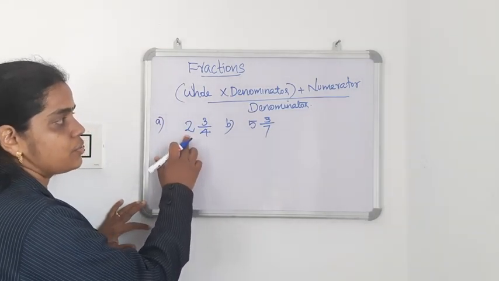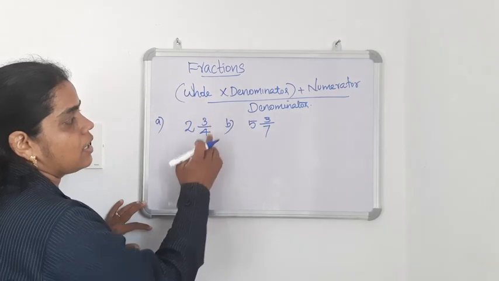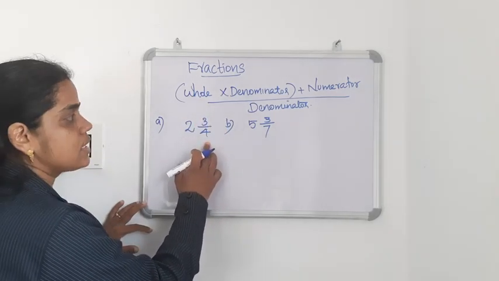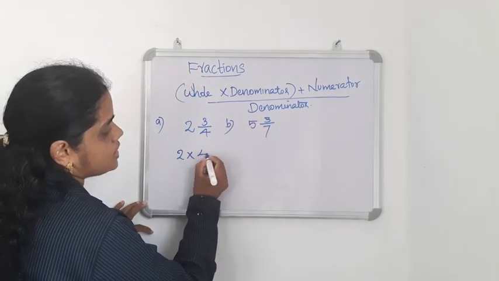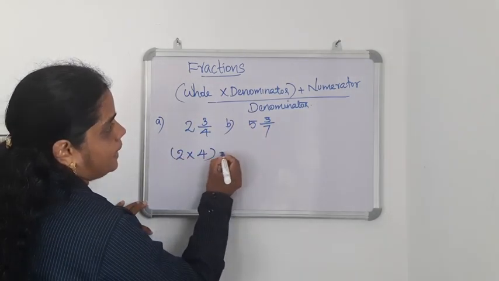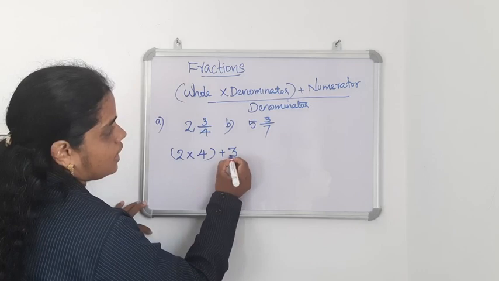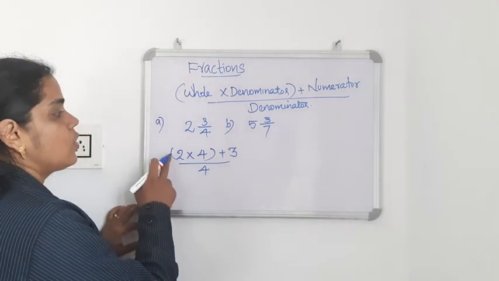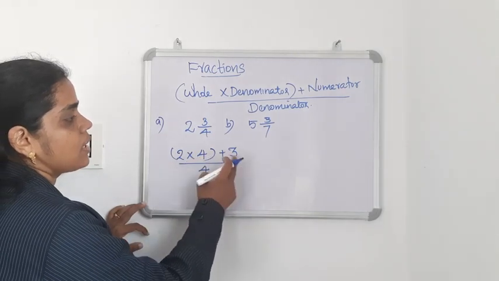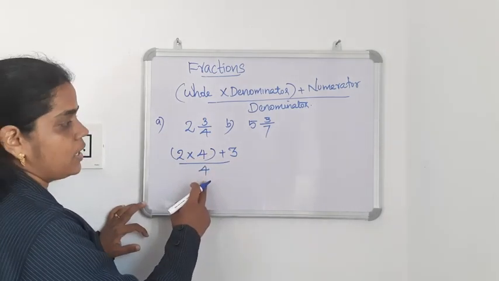Whole number is 2, numerator is 3, denominator is 4. So whole number into denominator, 4, plus numerator, 3, divided by denominator. Whole number into denominator plus numerator by denominator.